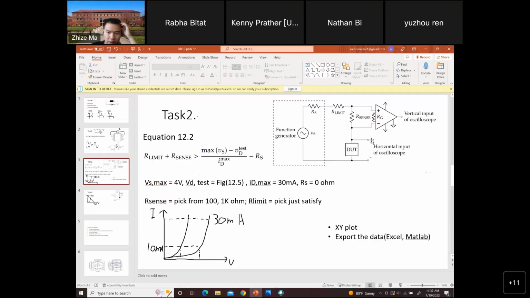Another thing: when you plot the current, you need to take the voltage at R sense and divide by the R sense value, then you get the current. Otherwise, if you just directly plot channel 1 against channel 2, that's the voltage across the diode and the voltage across R sense. That's the VV plot, not the IV plot.